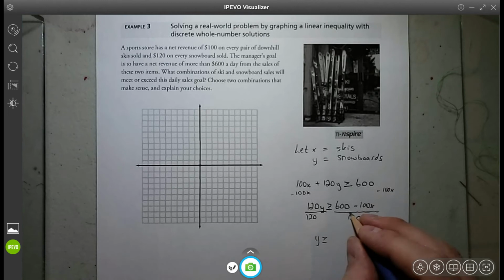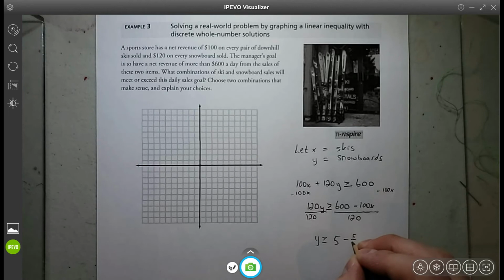Now we can divide 600 by 120 and we get 5. If we divide 100 by 120, we can simplify that down to 5 over 6 x.